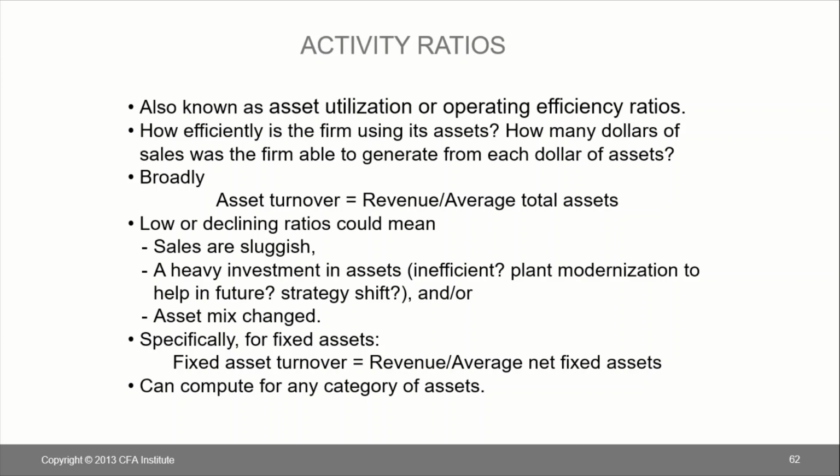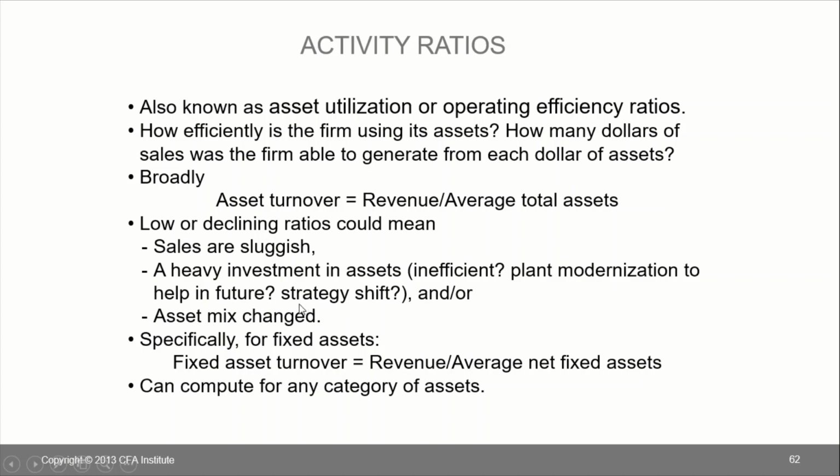And so, using all of these ratios under activity ratios, there would be an interpretation to these ratios. So what do they say? Low or declining ratios could mean, okay, sales are very sluggish. There is a heavy investment in assets, but it is very inefficiently used. Yes, your assets are there, but they are not being maximized to full potential. Probably, there should be a plant modernization.